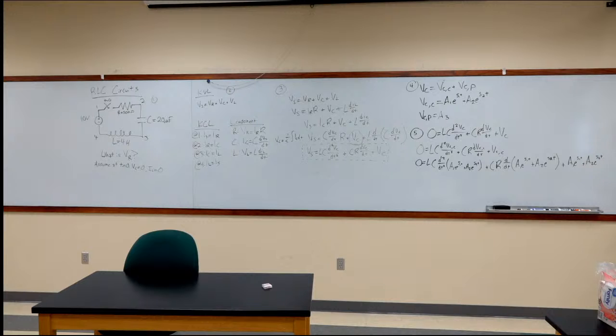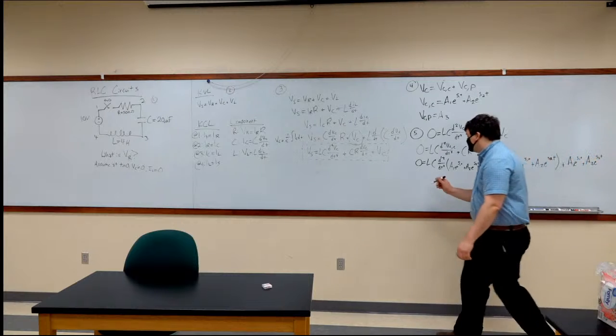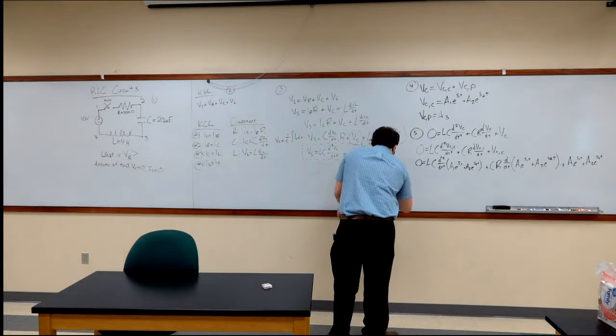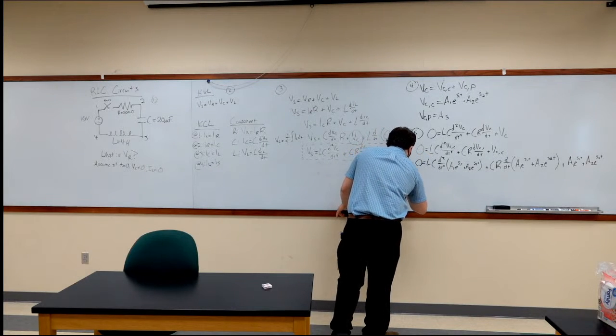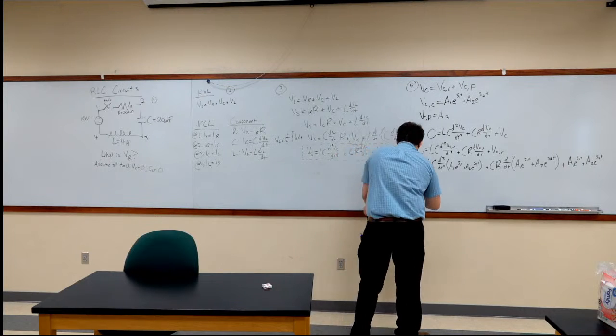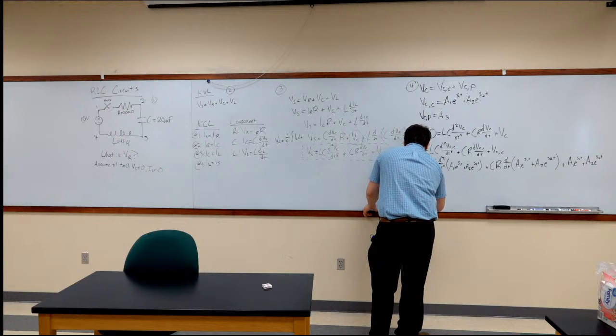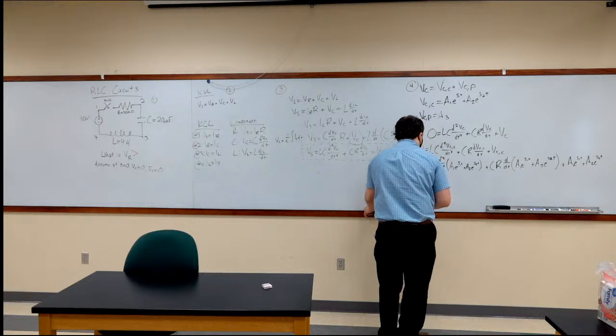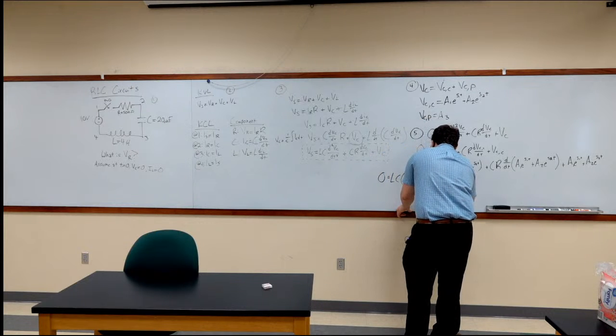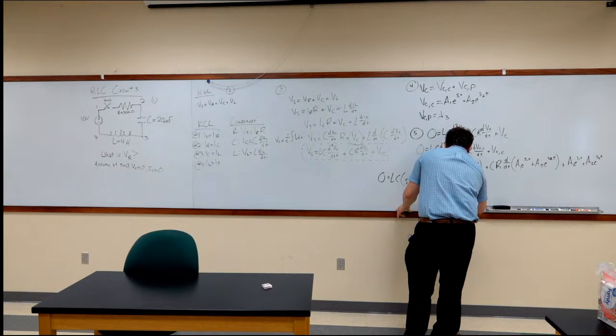All right, let's take them derivatives. So this equation gets bigger. 0 is equal to LC times S1 squared A1 e to the S1t plus S2 squared A2 e to the S2t.